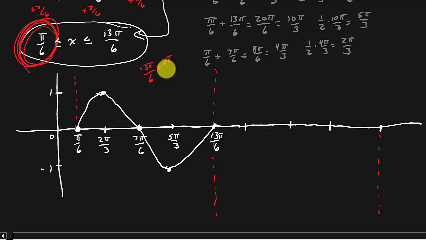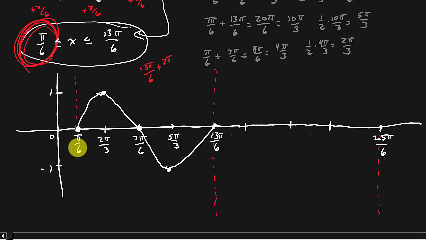That's going to be 12 pi over 6, so that's 25 pi over 6. Because see, the distance from pi over 6 to 13 pi over 6 is 2 pi. If you do 13 pi over 6 minus pi over 6, you get 2 pi. That's the distance between them.